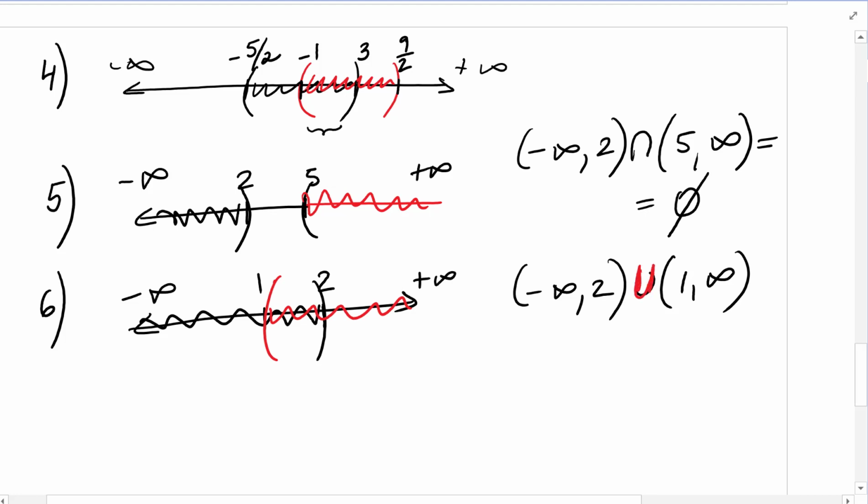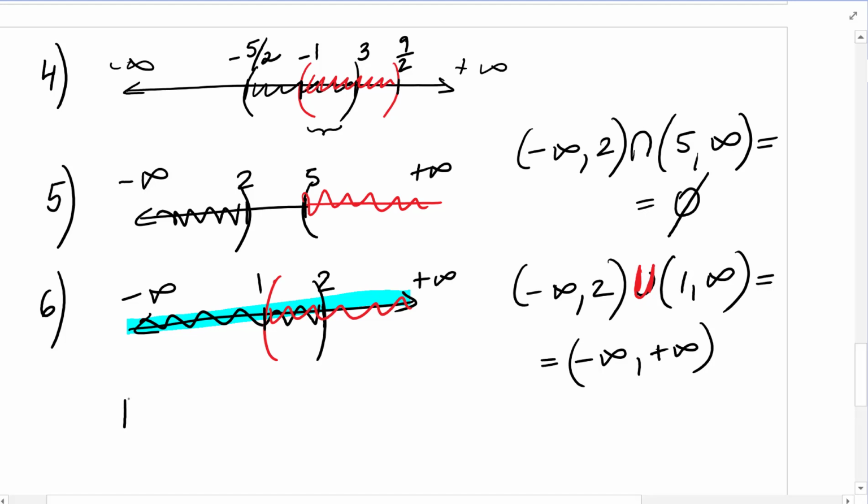Union means everything. Well, what is everything shaded? Everything that is shaded is from negative infinity to positive infinity. So basically this union would be the whole real number interval, the interval of all real numbers, negative infinity to positive infinity.